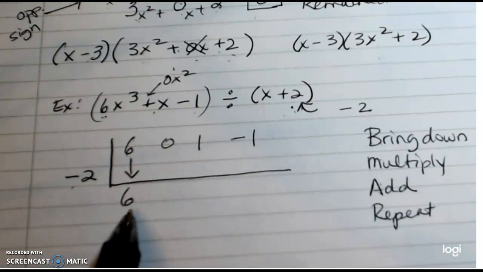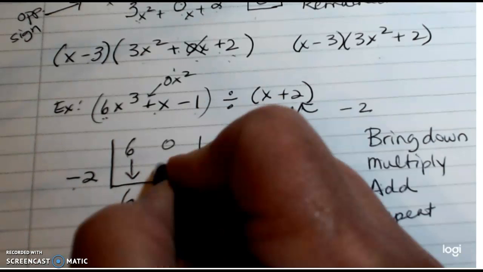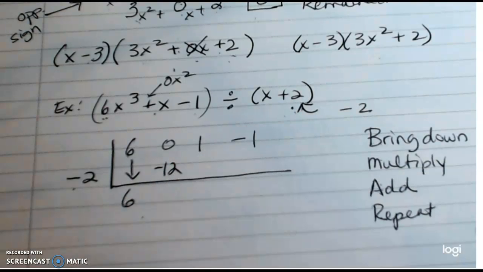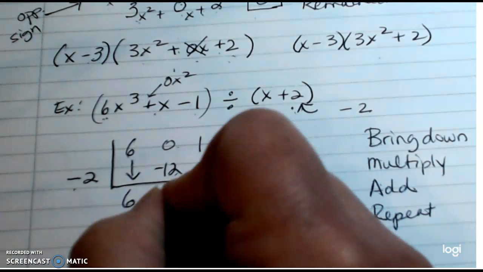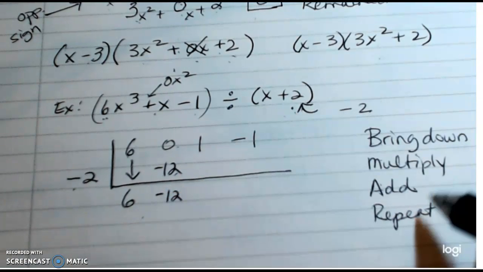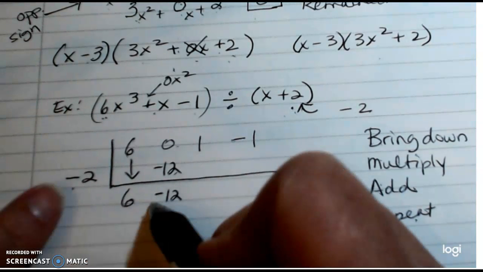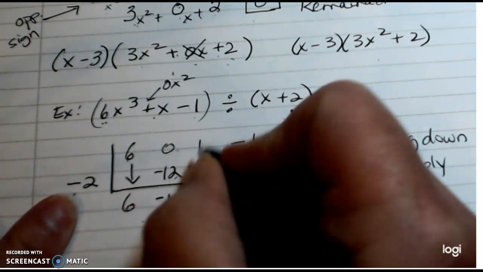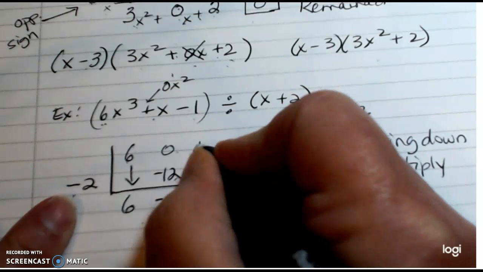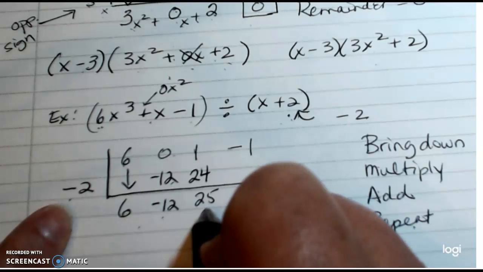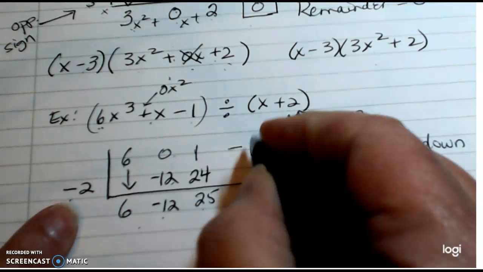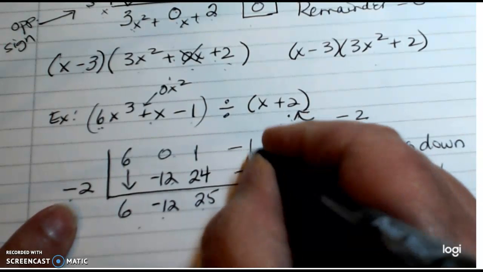Then multiply these two terms and place it on the shelf. Then add these two terms and then repeat. So multiply these two terms, add these two terms, and then repeat. Multiply and then add.